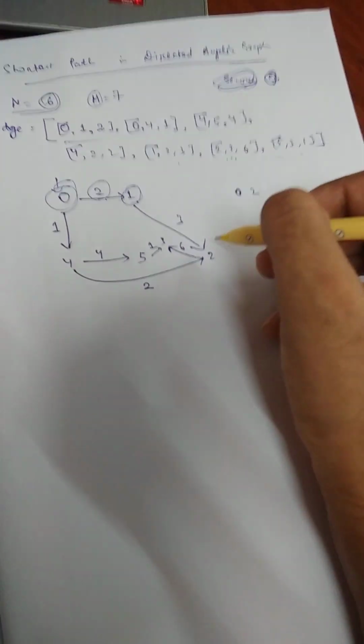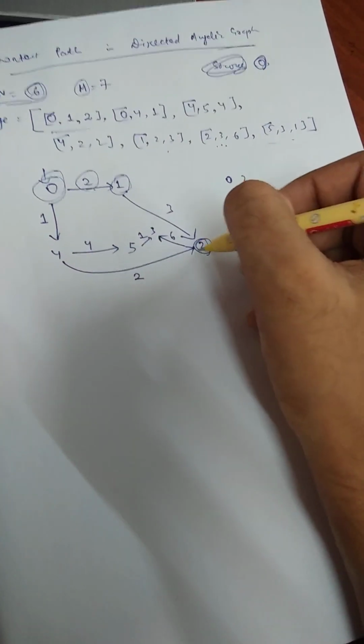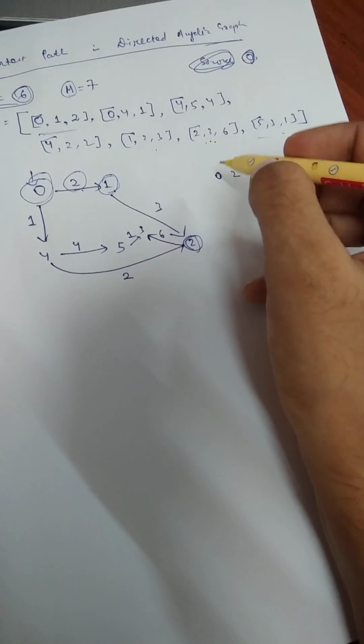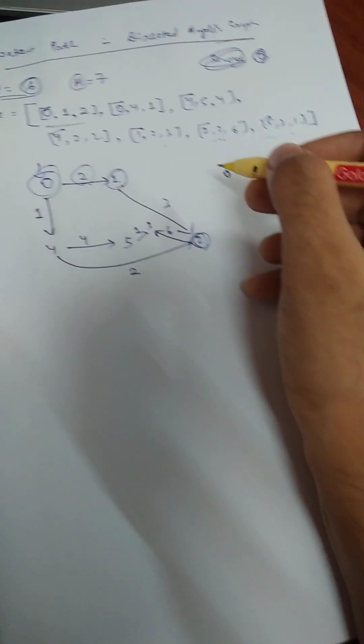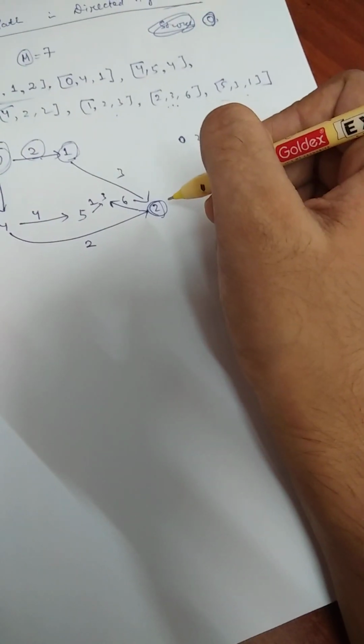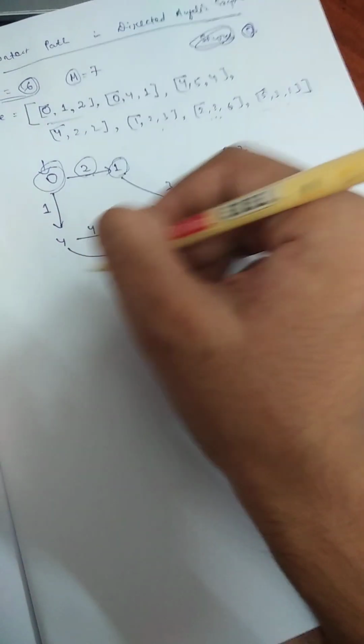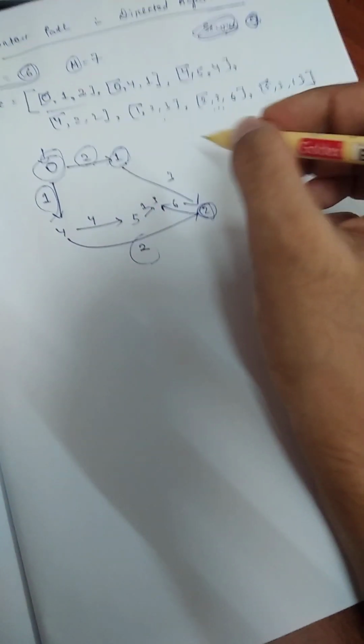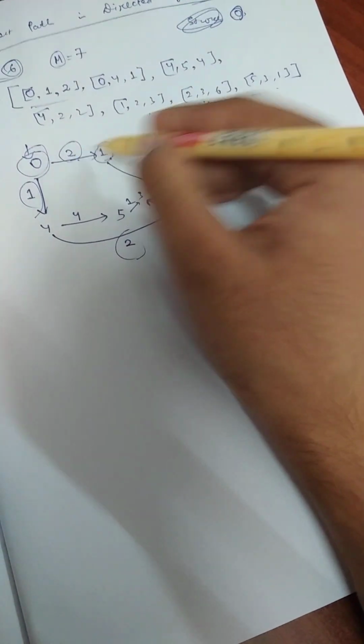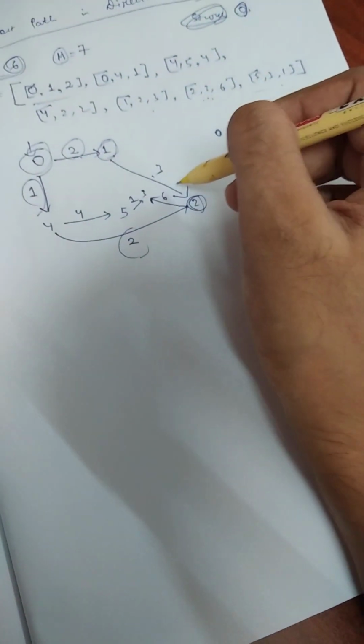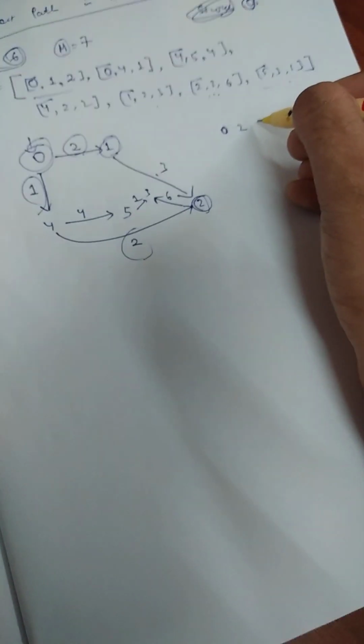Now for node number 2, which is this one, we see if there is any path to reach node 2. So we find that yes, there is a path from here, right? 1, 2. This path gives us a value of 3, whereas there is another path here as well, which gives a value of 5. But 3 is the minimum path, so we'll take 3.